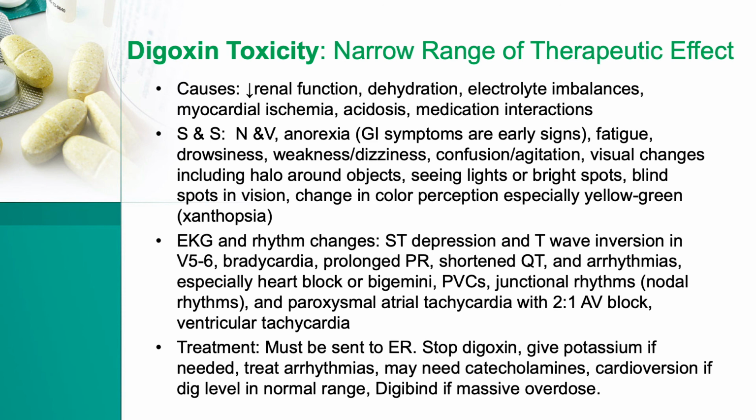Some of them are quite unusual and particular to digoxin, especially the change in color perception, the yellow-green colors and halos, seeing bright lights. There are multiple EKG and rhythm changes that are listed, of which some can be fatal. And if you are suspecting dig toxicity, the patient must be sent to the ER, where they will be treated.